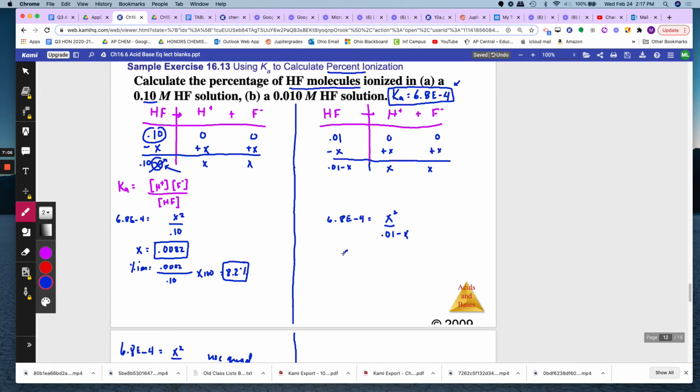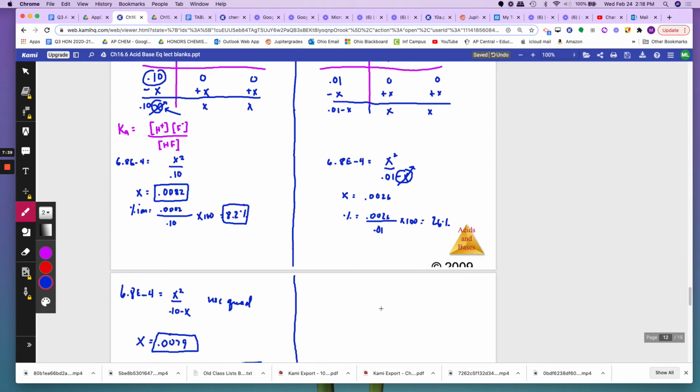And x is equal to 0.0026, considering if this is negligible. I got that as x, and percent ionization is equal to 0.0026 divided by the original 0.01 times 100, which is equal to 26%. And notice it's above 5%, so I have to use the quadratic equation again.